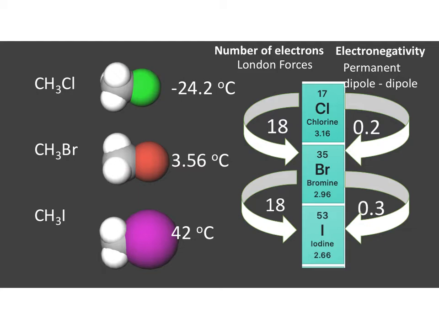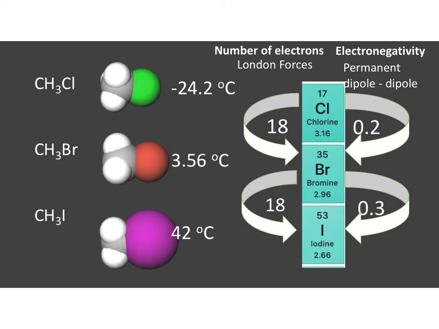So as we know, London forces depend upon the number of electrons in the molecule, and as the number of electrons increases, the strength of London forces increases. Permanent dipole-dipole intermolecular forces are going to depend on the electronegativity of the atoms in them, the difference between those electronegativity values.